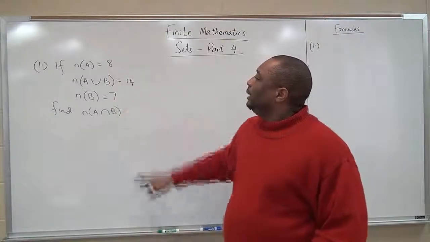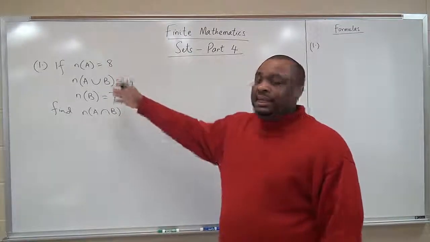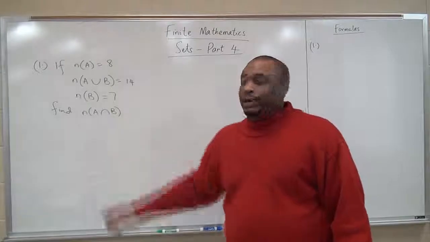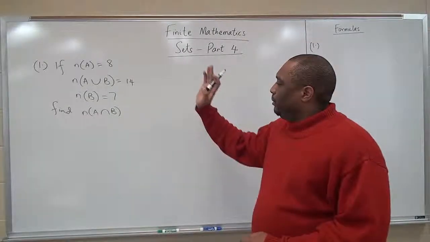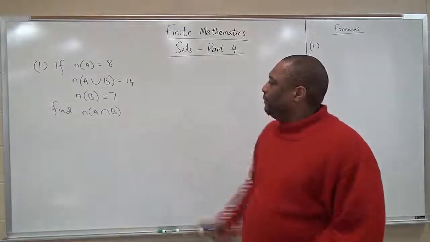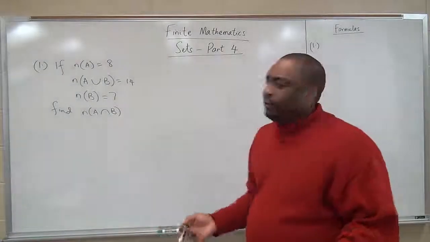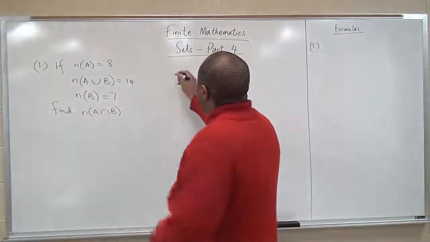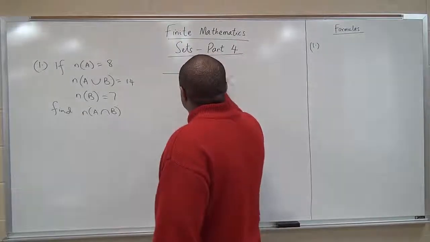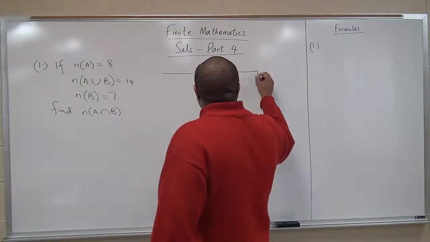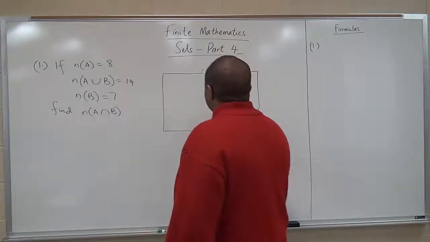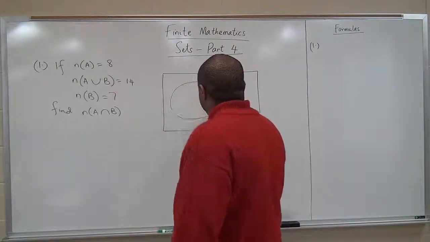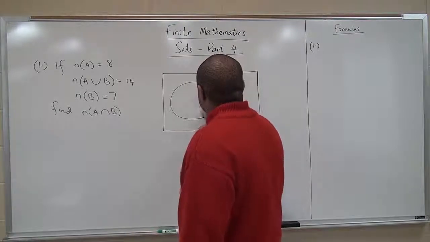You're given these cardinalities and you're asked to find cardinality of A intersect B. Before we find the formula for this, I want to use a Venn diagram to do it. So I have my universal set. I don't know the universal set because it was not given. I have my set A, and I have my set B.